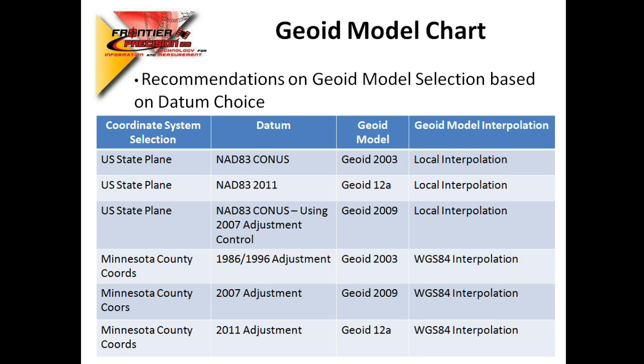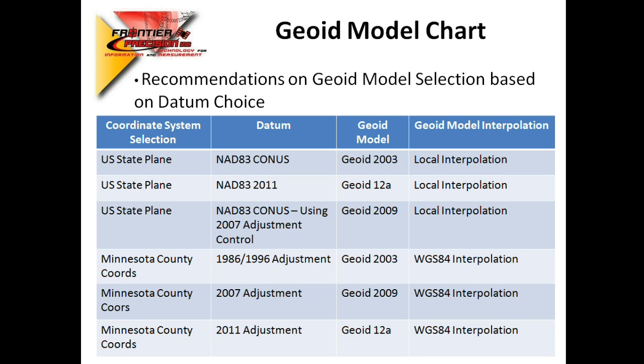If you're using NAD83 CONUS and the 2007 adjustment for your control, we recommend using Geoid 2009. If you are using NAD83 2011 as your datum within the state plane coordinate system, we recommend you use Geoid 12A. And that's how those Geoid models are developed by NGS relative to the coordinate system and its adjustment.